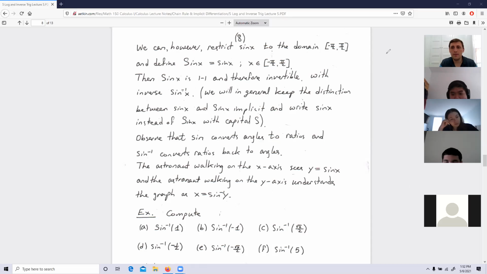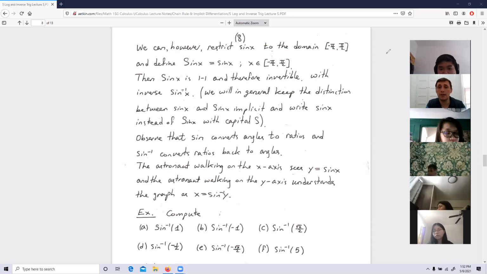Undefined. For which values, please, may I ask sine inverse? What are the values for which I can ask sine inverse? Write me in interval notation, please.